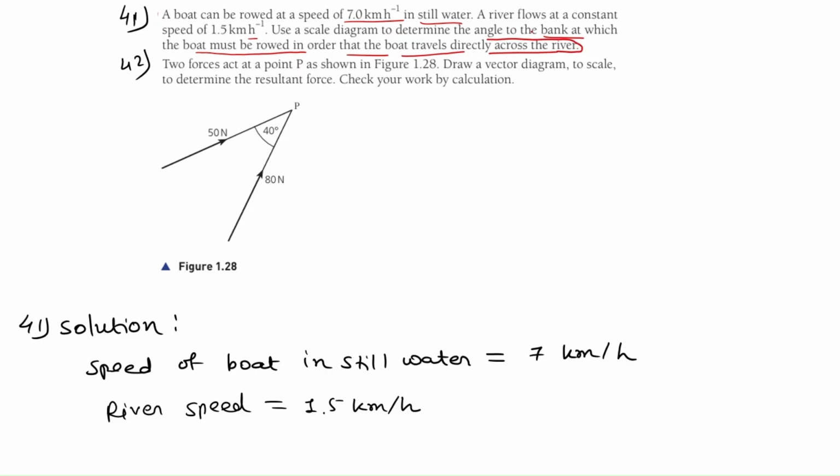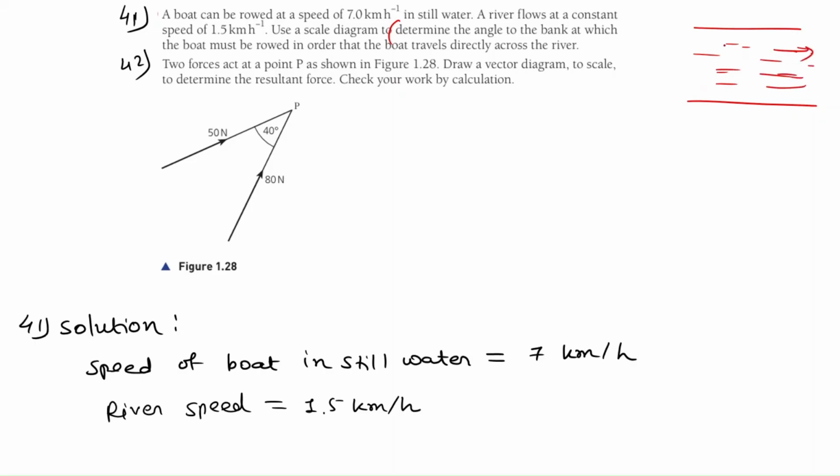Okay, this is a very important statement here. We have to determine the angle to the bank at which the boat must be rowed in order for the boat to travel directly across the river. Means there is a shore here, there is another shore, and the river is flowing in this direction.